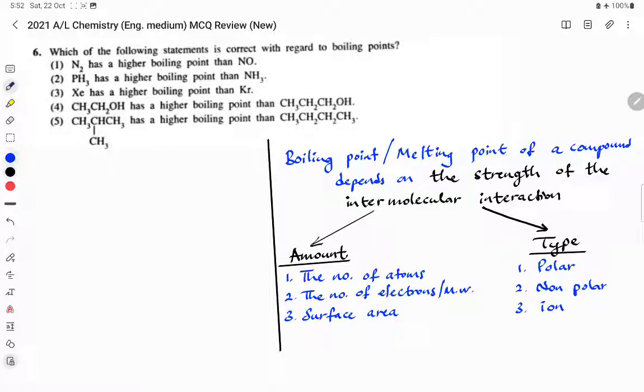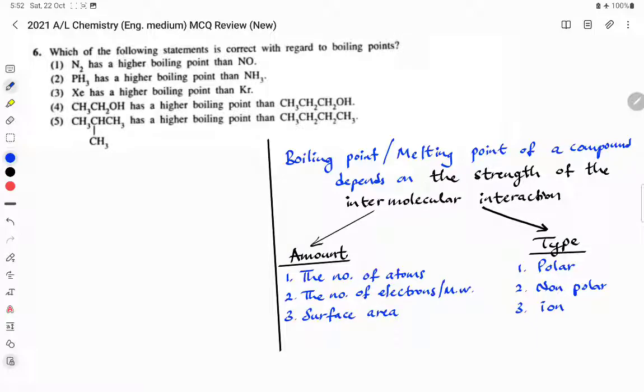Right, the first statement, N2 has a higher boiling point than NO. Now let's go to the amount. N2 has 2 atoms, NO has 2 atoms, so we can't compare using this point. Then the number of electrons or the molecular weight, they both have about the same.